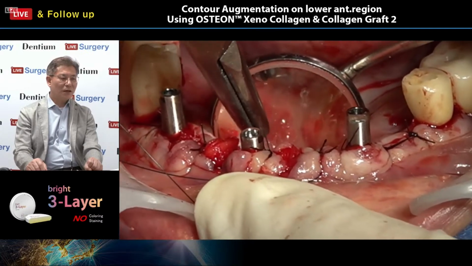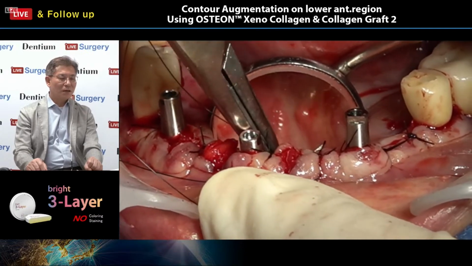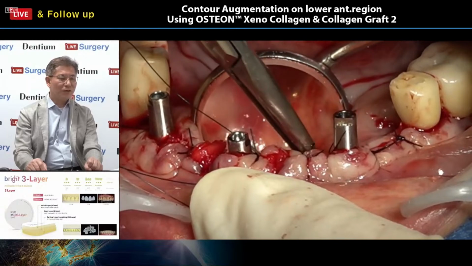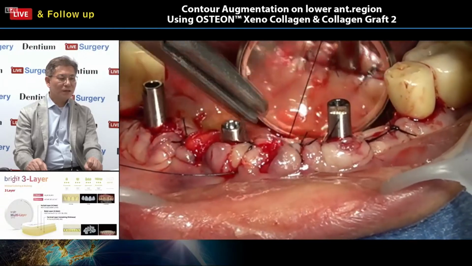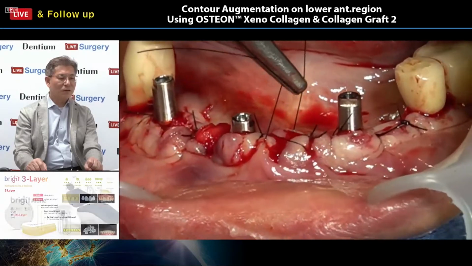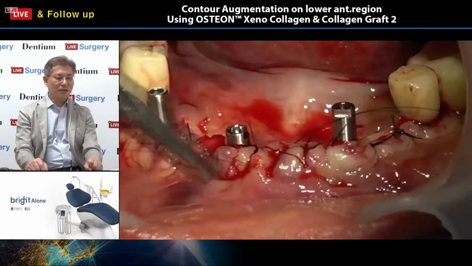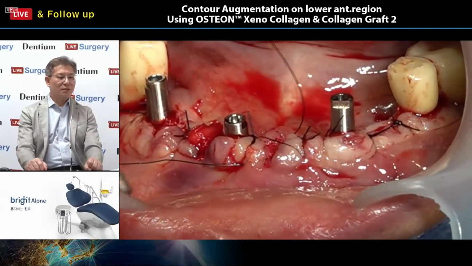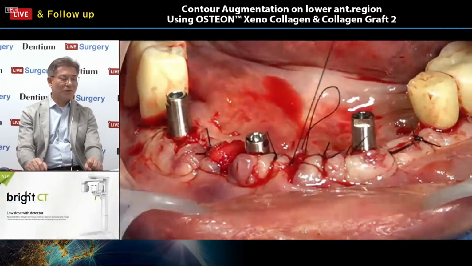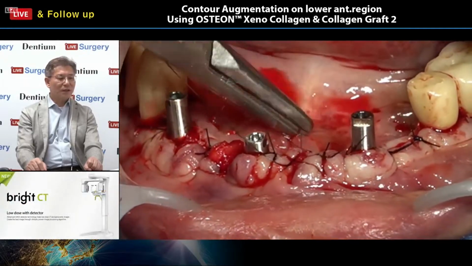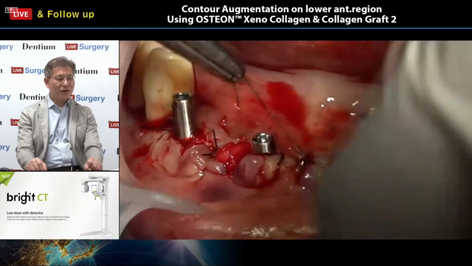Okay, he is trying to place a horizontal mattress suture, but actually not a horizontal mattress, just a cross suture was performed, closing this extraction socket area.